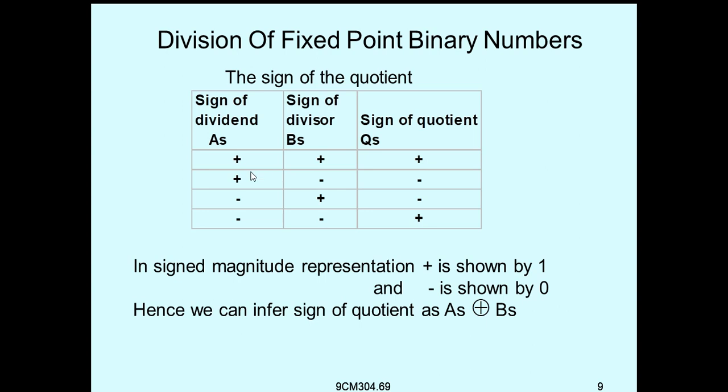If the sign of the dividend is plus and the sign of the divisor is minus, the sign of the quotient becomes minus. And if the sign of the dividend is minus and the sign of the divisor is plus, the sign of the quotient becomes minus.